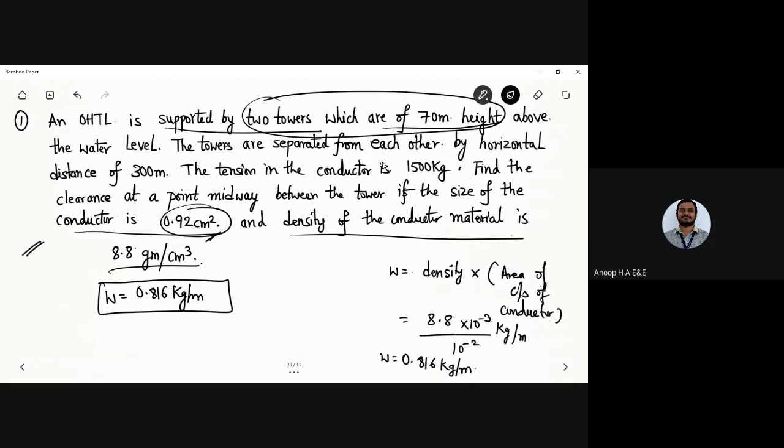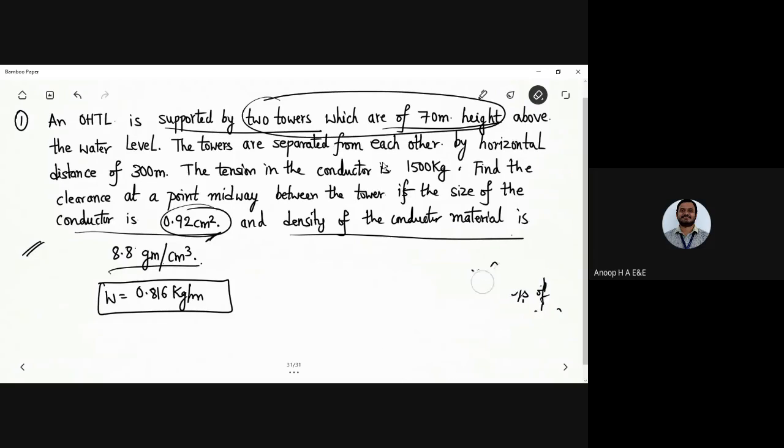This was the problem I gave you as an assignment, with a hint that you will be finding the weight. Once we have the sag formula, how do you define the sag at equal levels? W L squared divided by 8T.